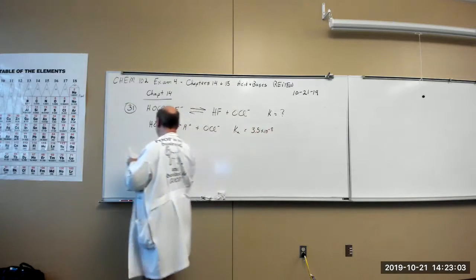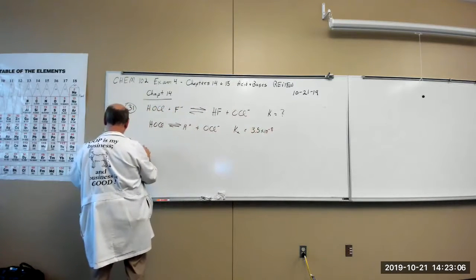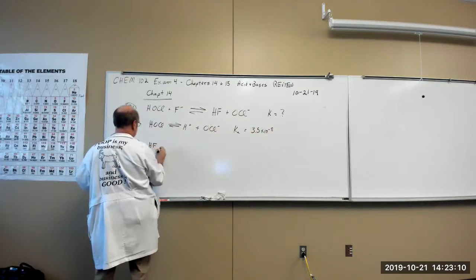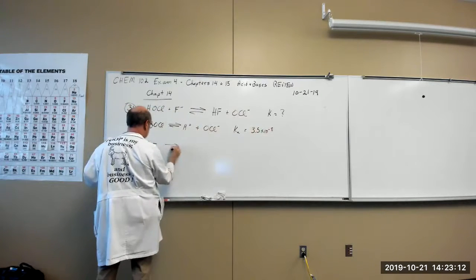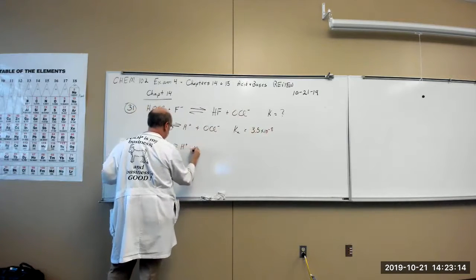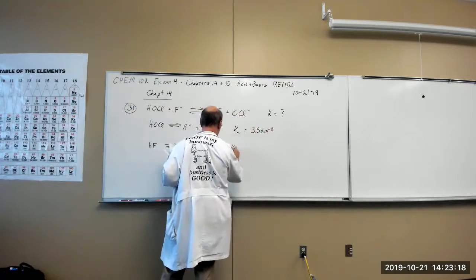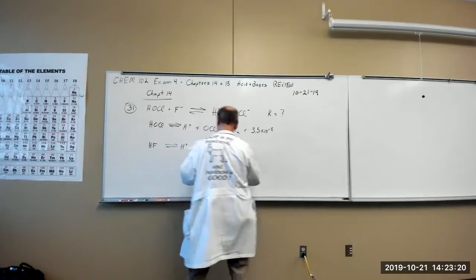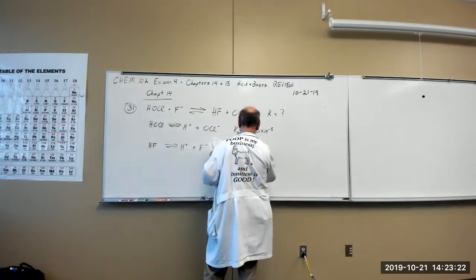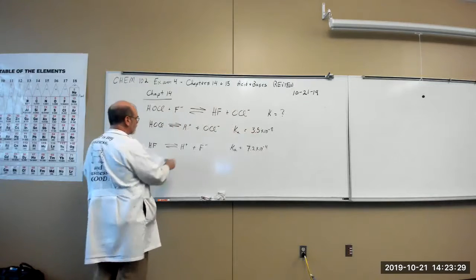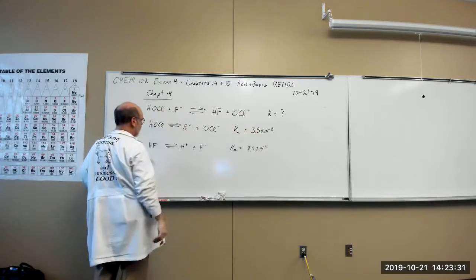We're also given this one, HF, 7.2 times 10 to the minus 4. So can we combine these two and give us that reaction?